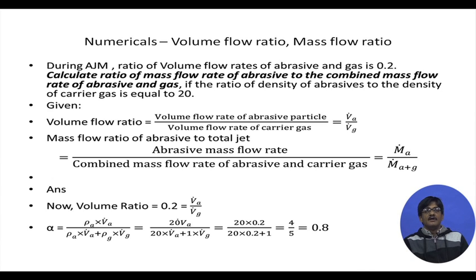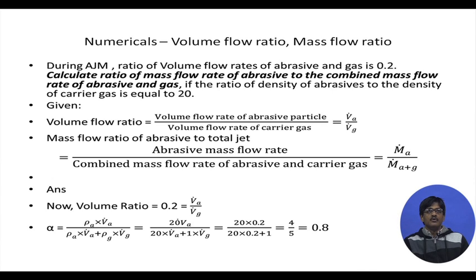The volume flow ratio has been given to be 0.2 and we have formally defined it: volume flow rate of abrasive particle divided by volume flow rate of carrier gas, that is V dot A by V dot G. Now, mass flow rate of abrasive to total jet mass flow rate is equal to abrasive mass flow rate, which is M dot A, by combined mass flow rate of abrasive and carrier gas, which is M dot A plus M dot G.